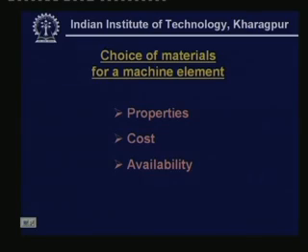So, I think from our general idea, intuitive idea, we can understand the importance of a material property first of all, which is of course the primary requirement, then comes the cost and the availability. So, to summarize, we have to choose a proper material for machine design, looking into the aspects of properties, costs and availability.